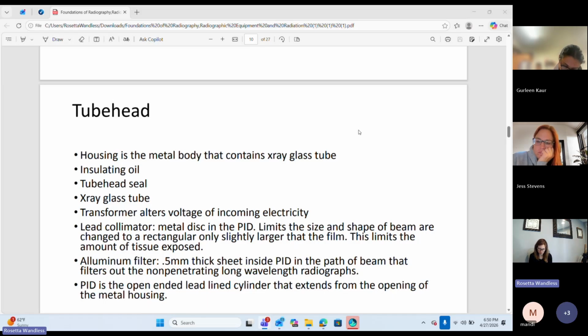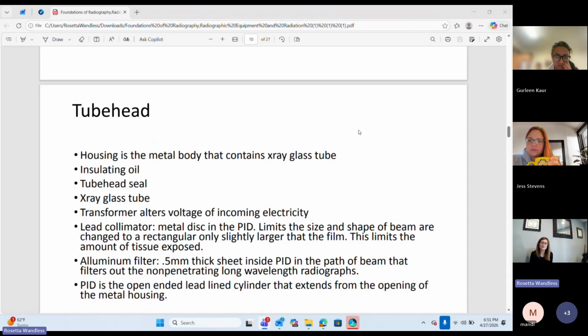Now, on the flip side, if not enough voltage is available, then that transformer will step it up. It will increase the amount of volts that are needed. Let's say we're in a brownout, like in the summertime when it's really hot outside and our AC is cranking, and you may not have a lot of energy to expose with.